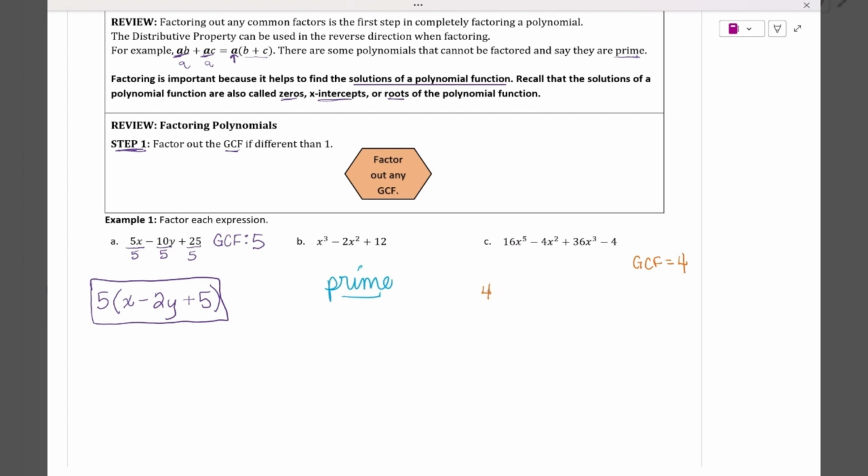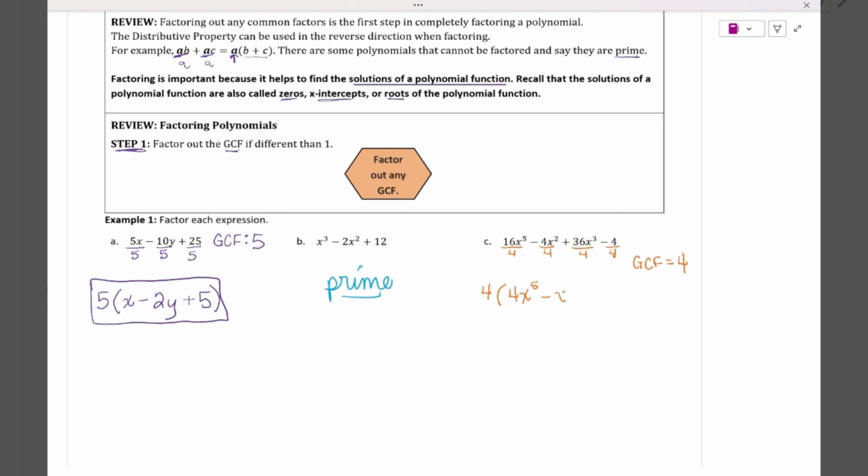So I write GCF, open parentheses. In the parentheses is going to be whatever I have left after dividing that expression by that GCF, or 4. So let's do that. 16x to the fifth divided by 4. Dividing the 16 and 4 gives me 4. So 4x to the fifth. 4x squared divided by 4. Dividing the number parts is 1.